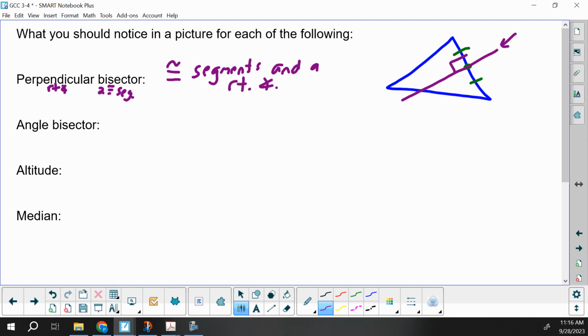For the angle bisector, an angle bisector splits an angle into two congruent smaller angles. So to recognize an angle bisector in a picture, you want to look for congruent angle markings at a single vertex.